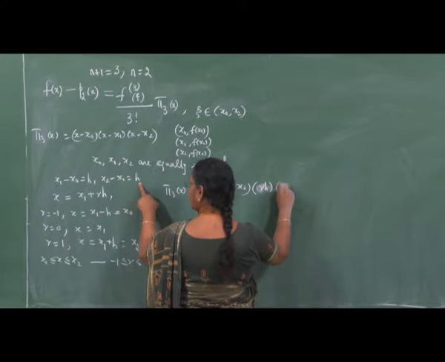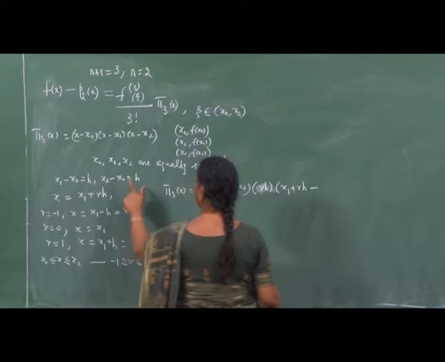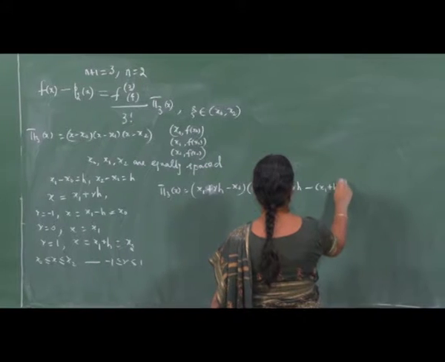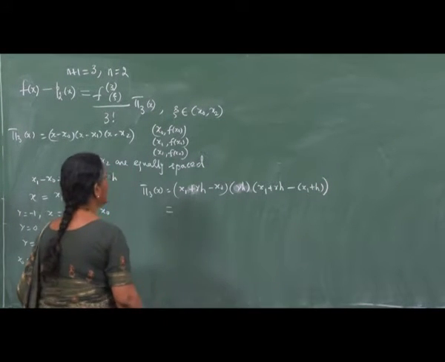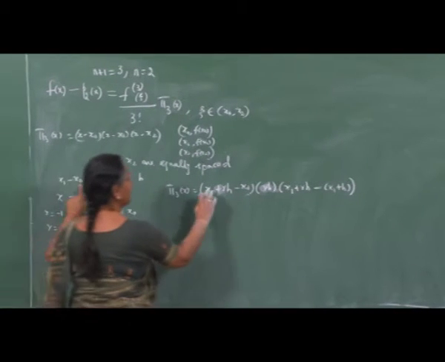So, x is x1 plus rh minus x2, which is x1 plus h. So, this gives me x1 minus x naught, which is h.